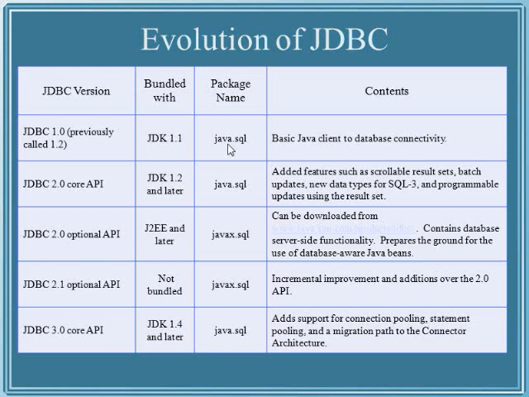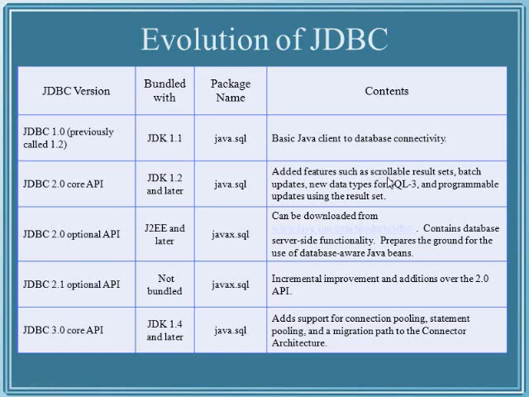That was there. Then they slightly improved it with the version 2. First they came up with the core APIs for JDK 1.2, and they again called it java.sql. What are the things that were added in this particular thing? They had added the scrollable result set.